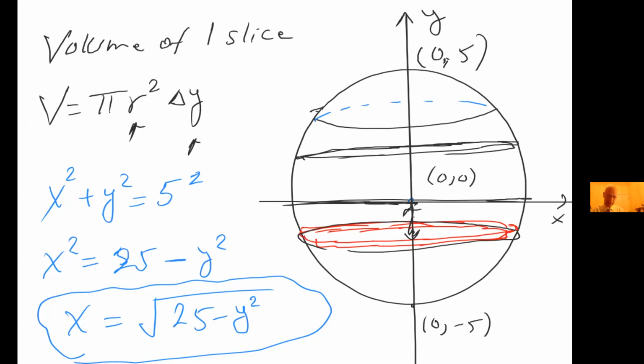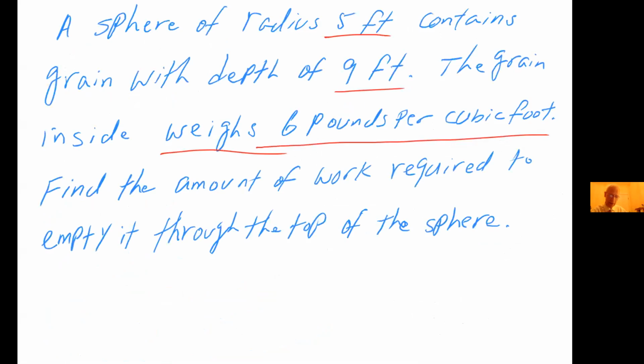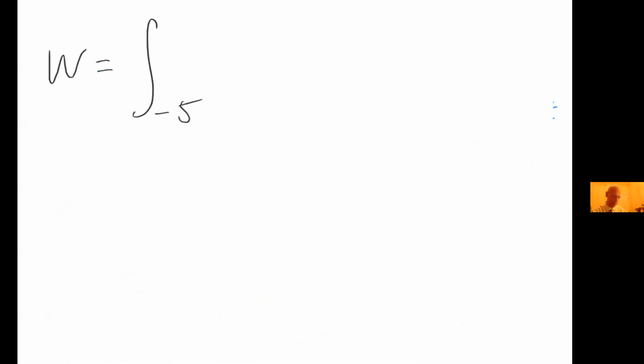So going back here, actually, let me go to the next page and say, so work equals from -5, and we said in the beginning that the height of the grain is 9. So I'm going from -5 to 4, which is going to be a total of 9 units.